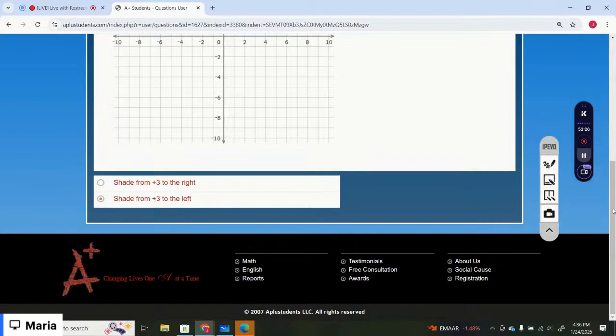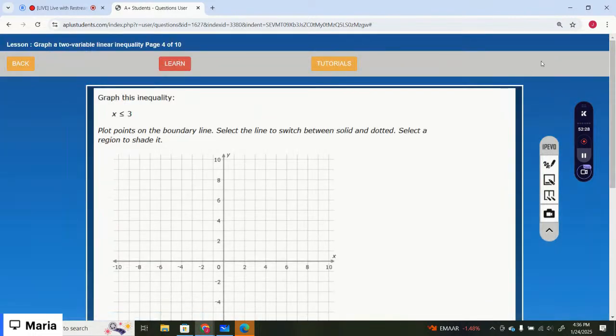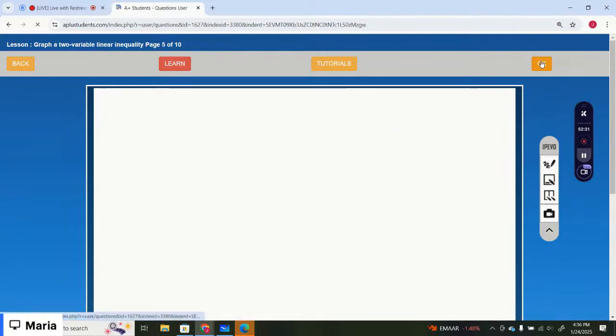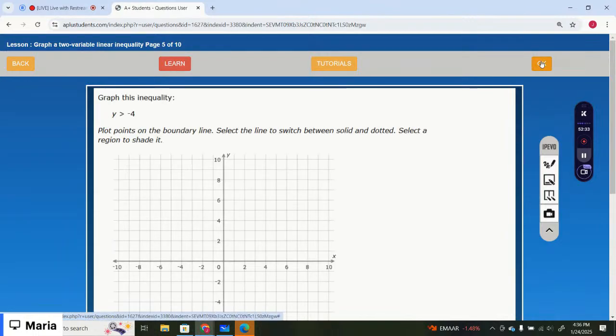Option number 2 is the correct option. Y is greater than negative 4. So which is the correct option?